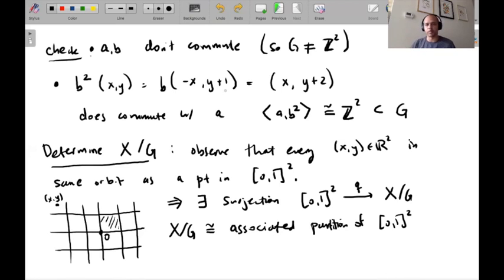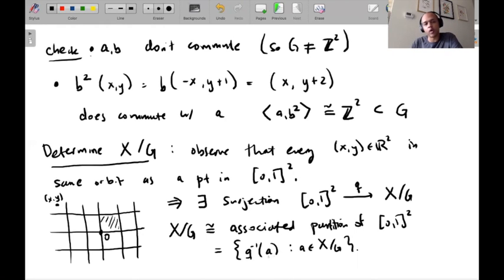A and B both move these cubes, they are translated. So this is the partition where we look at Q inverse of A in X mod G. For most points, the pre-image is just a single point.